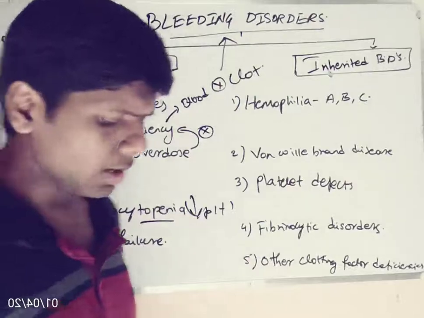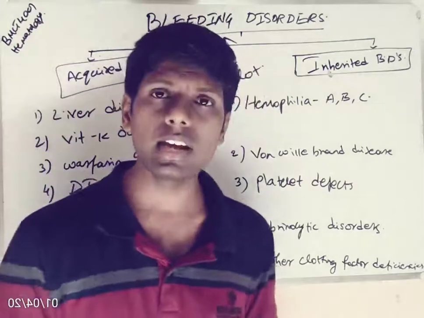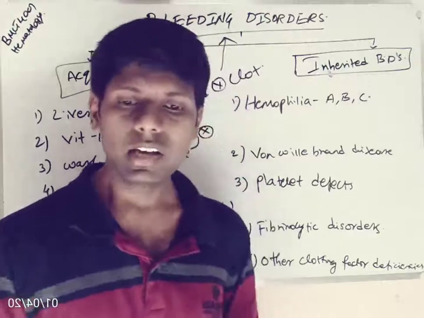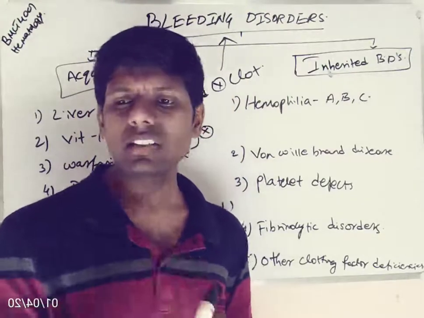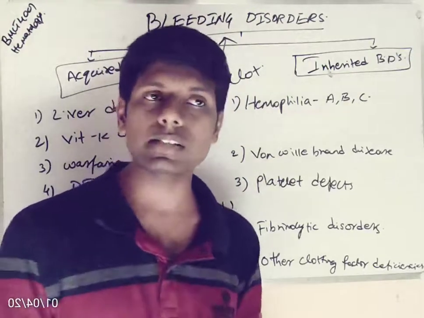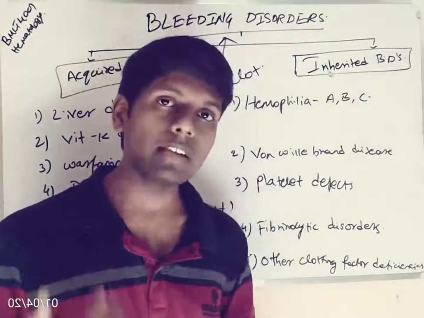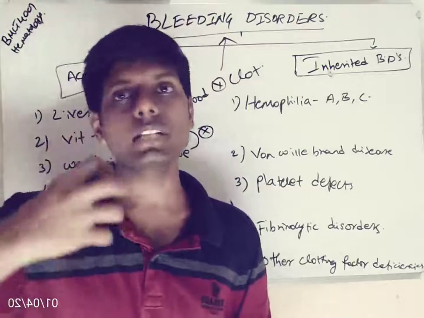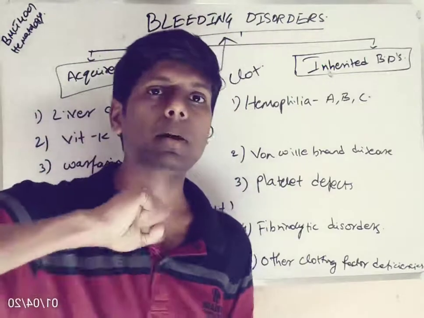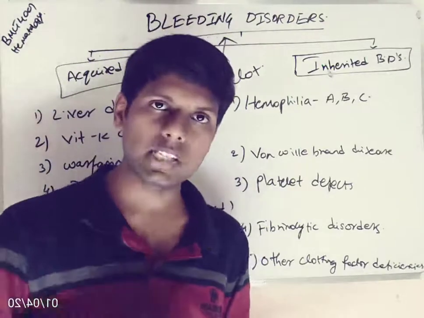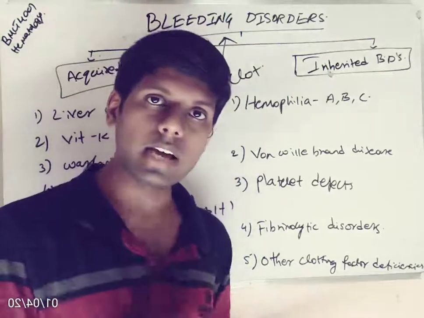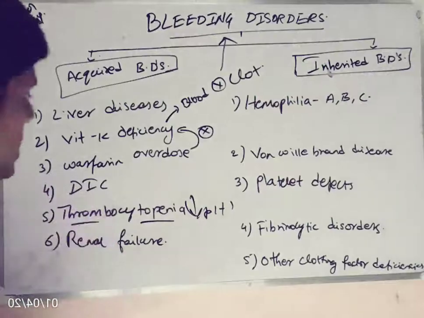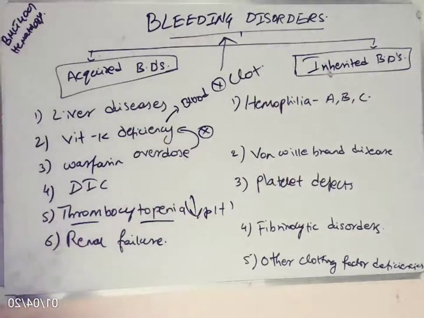Platelets play a crucial role in primary hemostasis, right? So without platelets, your bleeding will be increased. The acquired conditions that cause decreased platelet count include some viral disorders like dengue, malaria, some drugs, or autoantibodies developed towards platelets. Without platelets, blood cannot clot, and that results in increased bleeding time. So thrombocytopenia can cause increased bleeding time.